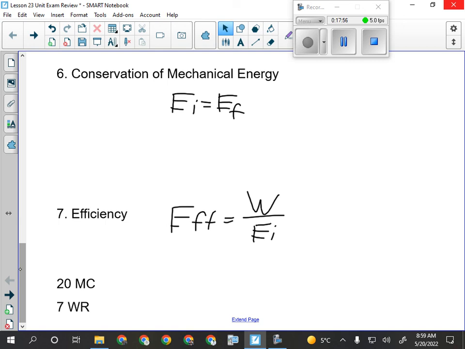Quite a bit of stuff actually on thermodynamics. Some very basic V equals D over T calculations, like very basic. There's a graph, but again, it's a very basic graph.